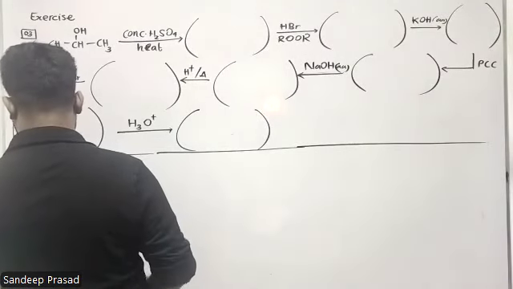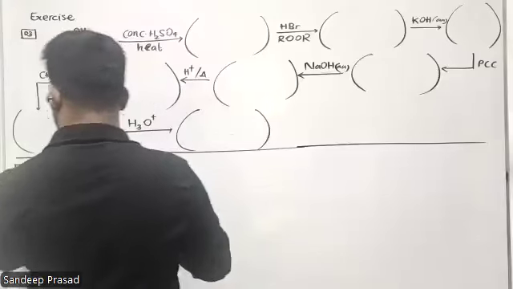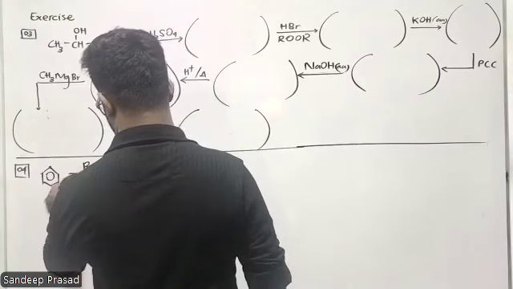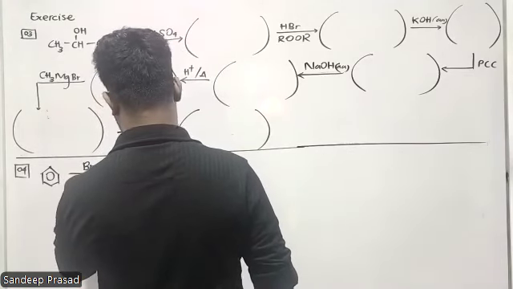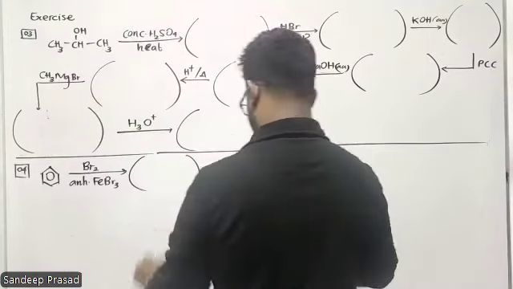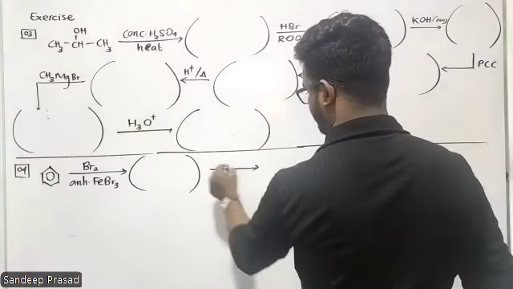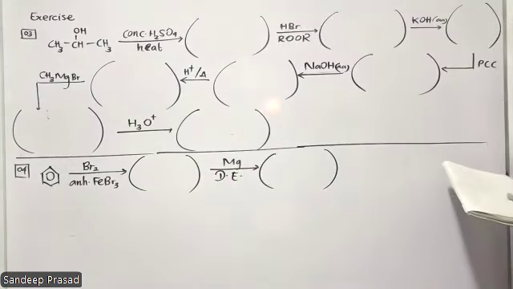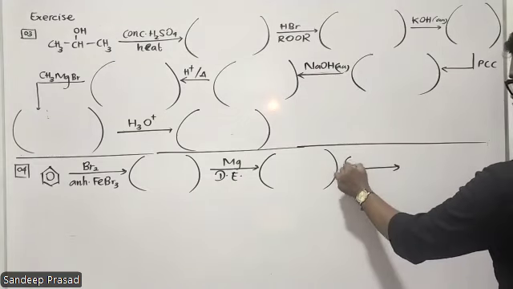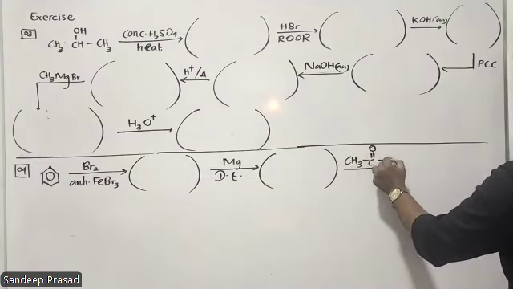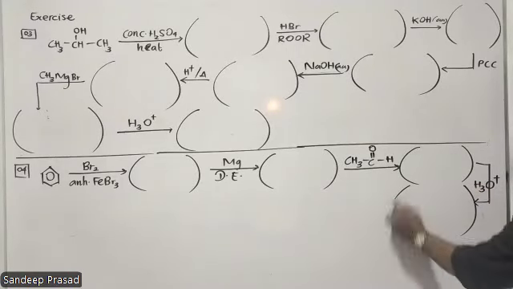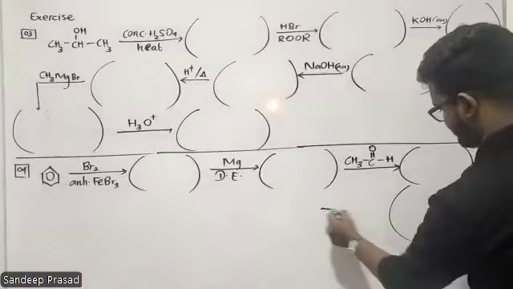Let's move to the fourth one. We have a benzene ring. I'm going to add Br2 with anhydrous ferric bromide, FeBr3. Magnesium in diethyl ether is added. An aldehyde is added. H3O plus is added.